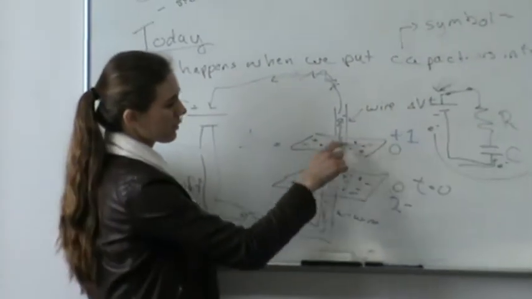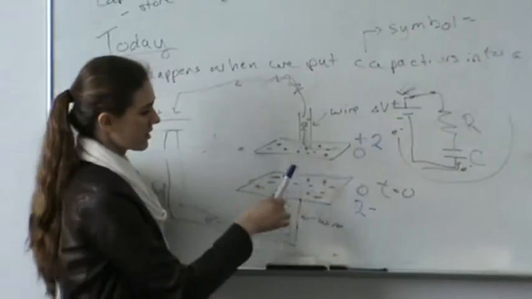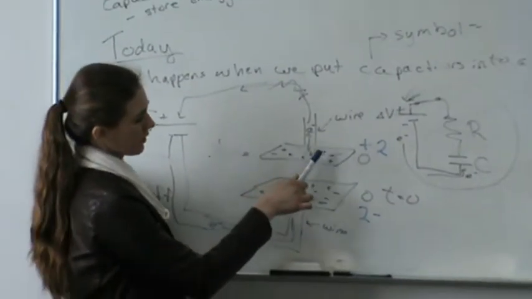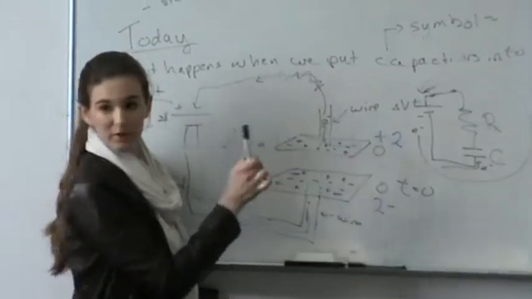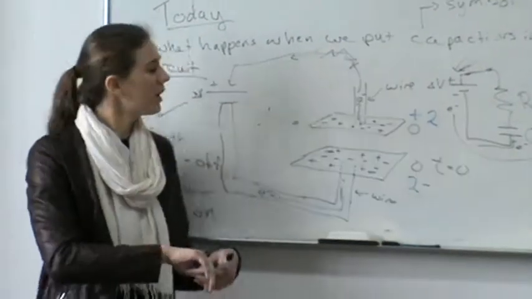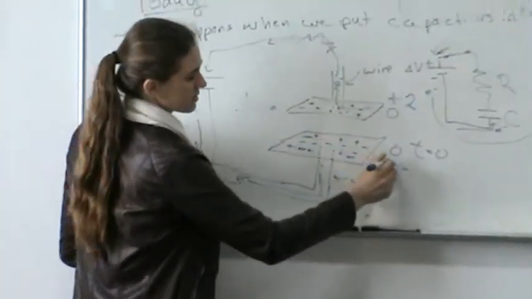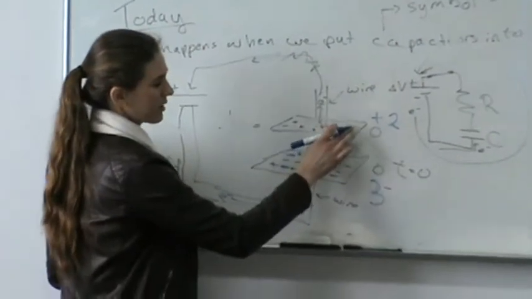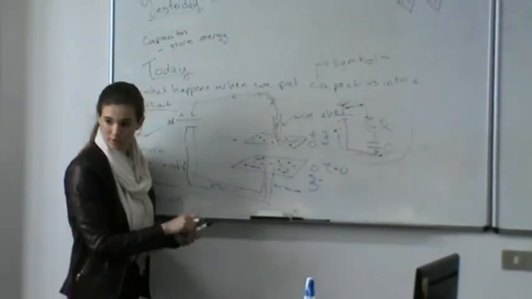So since another one left, this becomes 2 positive, because there are 6 positive and 4 negative. So then another electron comes right here, and this is 3 negative, and then another electron leaves, and this is plus 3, right?